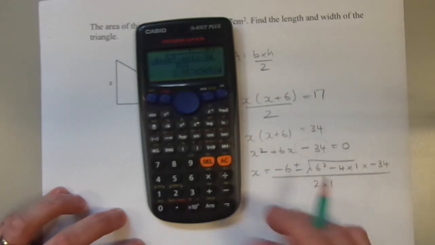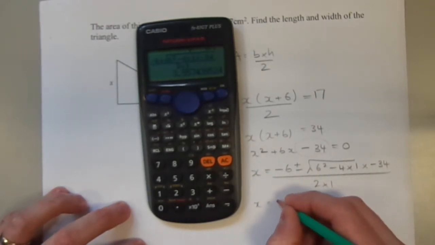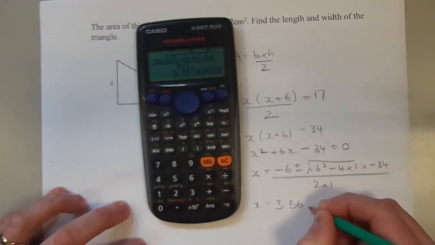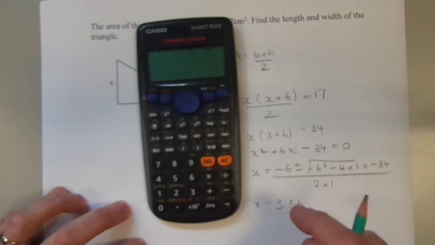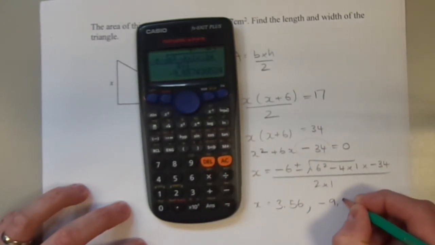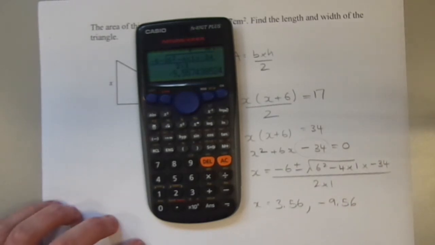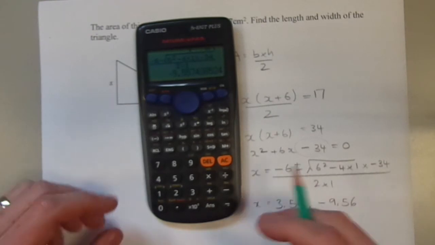Okay. One solution is, to 2 decimal places, 3.56. The other one is minus 9.56.